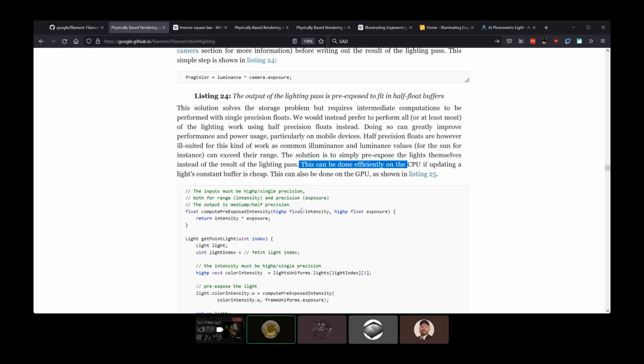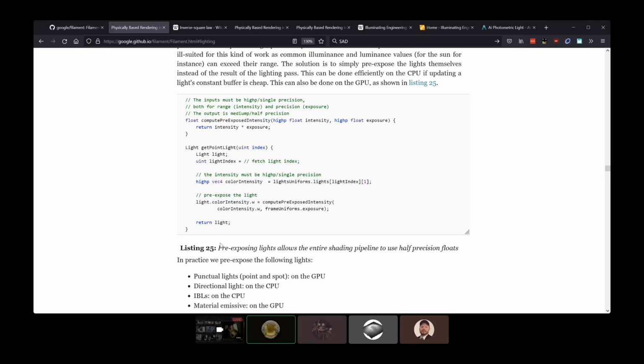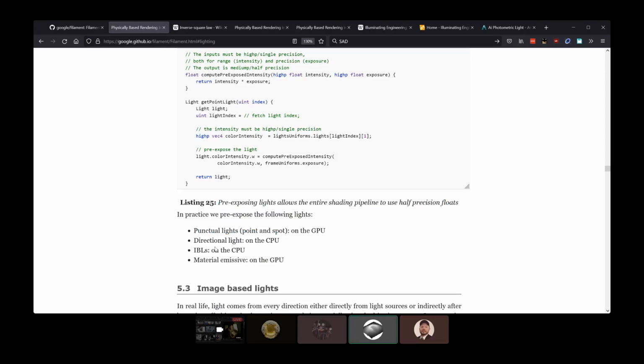Because they want to use half precision floats, they have to pre-expose it. So they multiply it by the exposure? Interesting. Oh, so they pre-expose all the things: materials, IBLs, directional, punctual lights.